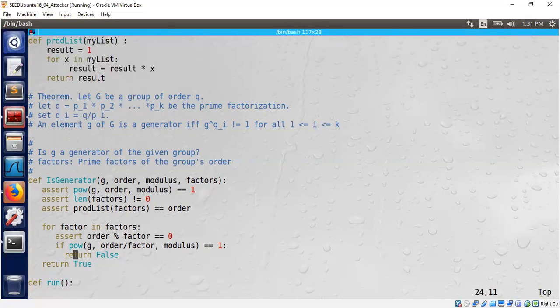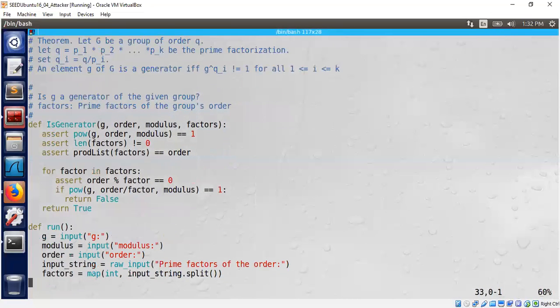Again, if you know the prime factors of the order of the group, it is easy to check whether a particular element is a generator. Of course, if you are working with, say, Z_p star, it's much easier, right? For Z_p star, the order of the group is p minus 1, so the modulus is basically 1 more than the order. But my program is a generalization of the Z_p star context, so we can apply it to other groups as well.